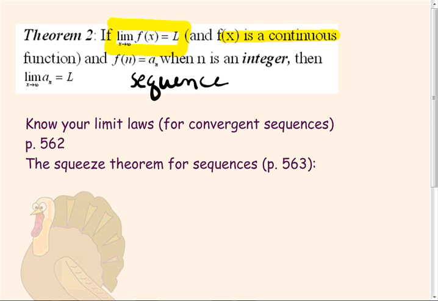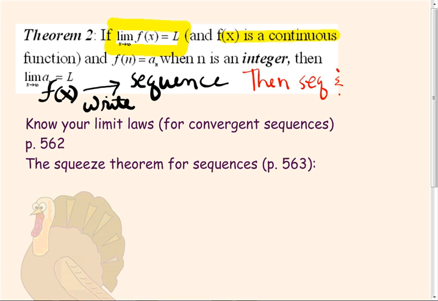There it is. So if you can take a function f of x and you write it as a sequence, then the sequence and the function have the same limit.